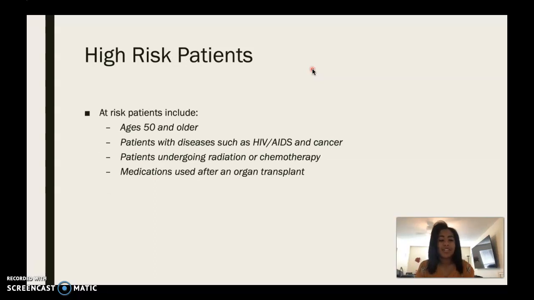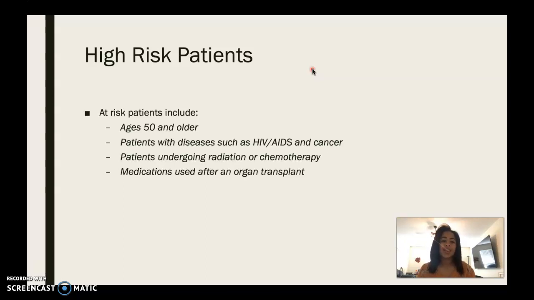The high-risk patients include people that are ages 50 and older, patients with diseases such as HIV, AIDS, and cancer, people undergoing radiation or chemotherapy, and those that are taking medicine after an organ transplant. These people are at most risk because their bodies are not able to fight off the infection as well, because they're immunocompromised from different diseases such as cancer.